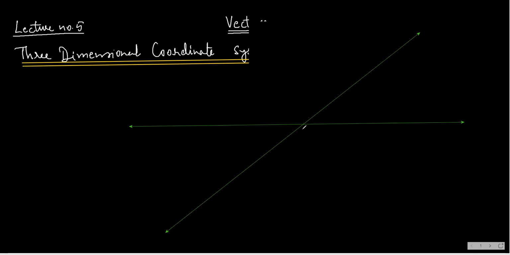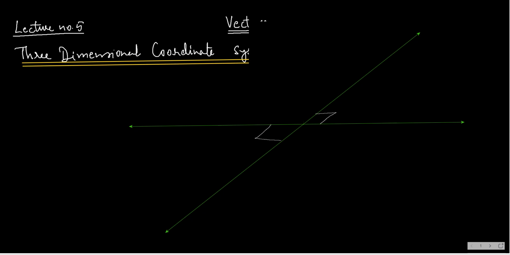You will have to imagine a bit. Here it doesn't look like that, but this angle is 90 degrees. Here also it is a 90-degree angle. These two axes are perpendicular to each other. Now these two define the plane of the page.